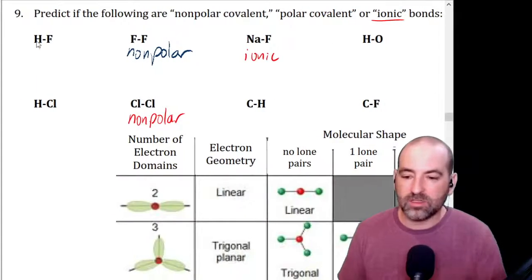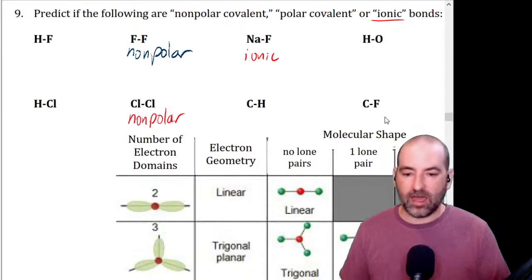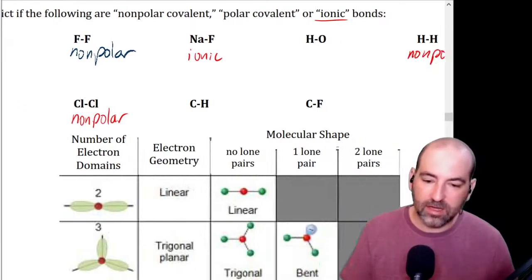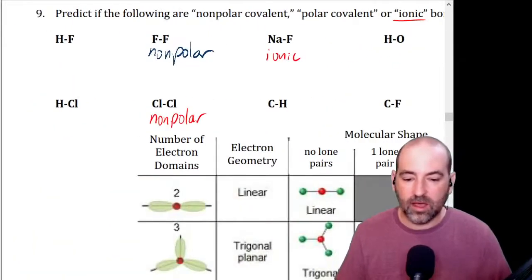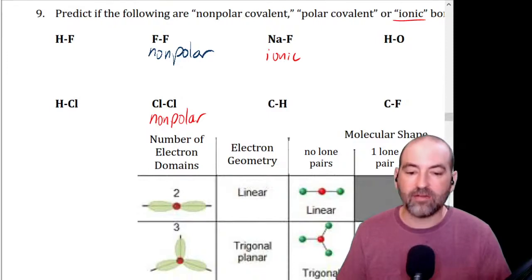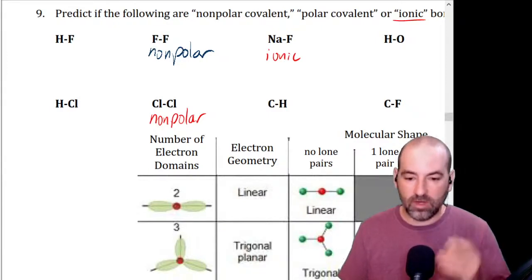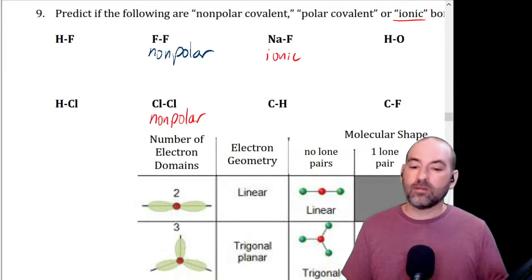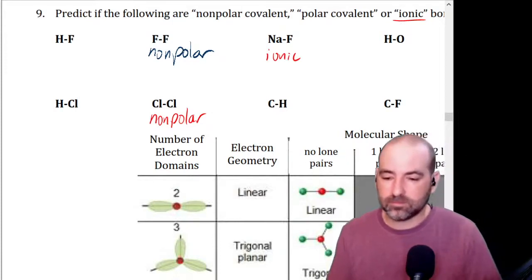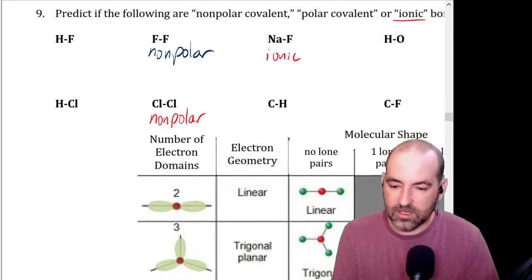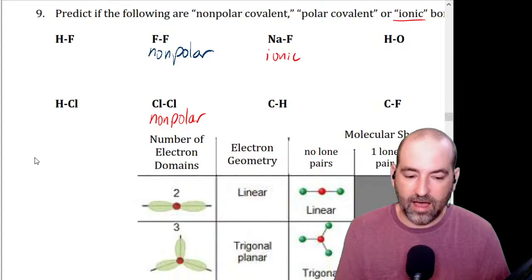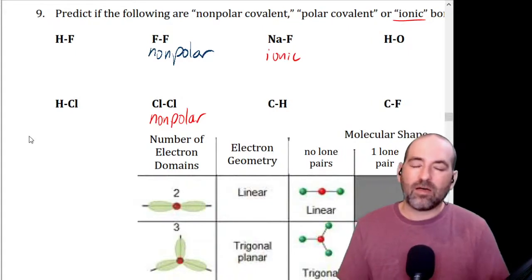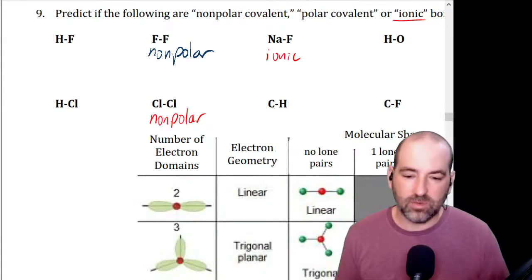And that leaves all of these other ones that have different atoms. And I can tell you that whenever you have two different atoms, it's likely that you're going to have a polar covalent bond. But there are some exceptions. When the difference in electronegativity is less than 0.5, we say that that difference is so small that it doesn't really matter.